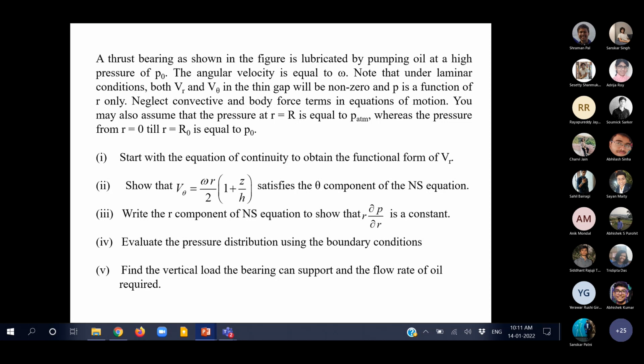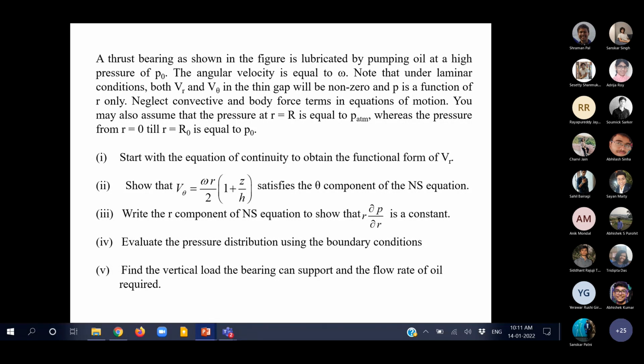Whereas the body forces will become rather small, because if you think about the surface force part, let's talk about surface tension, and if you think about the body force, one is proportional to L squared, the other is proportional to L cubed. So as L is progressively reduced, the body force will reduce faster as compared to the surface force.